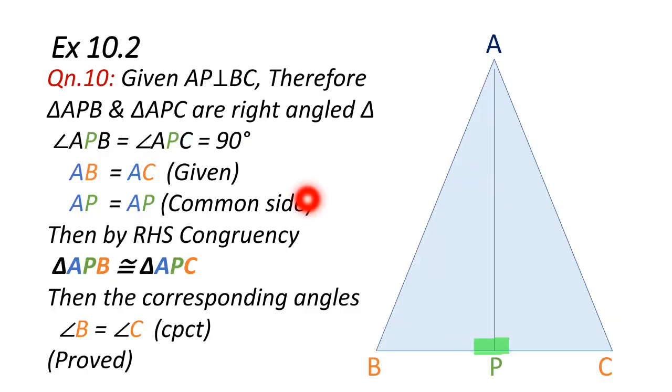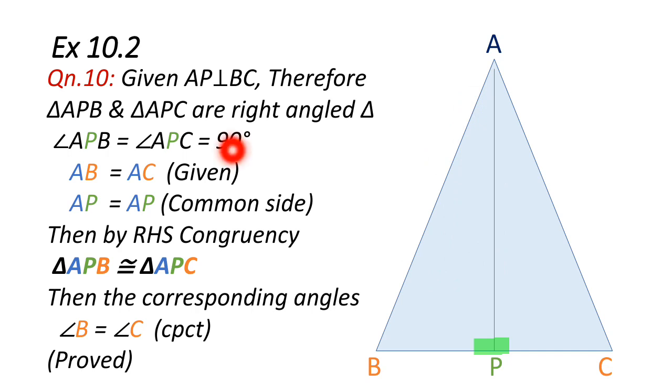Now see, this one is question number 10 of exercise 10.2. In the question, the figure is not given, so it is only said that the median, that means the perpendicular, is drawn on the base. Like here, the given condition after the construction is that AP is drawn perpendicular on the base BC.